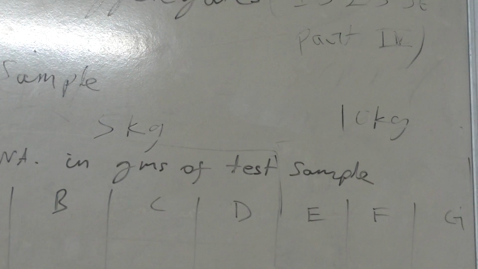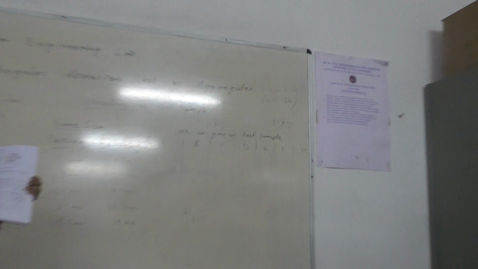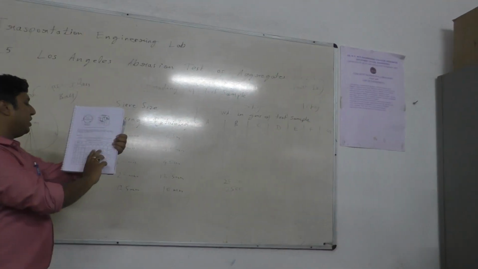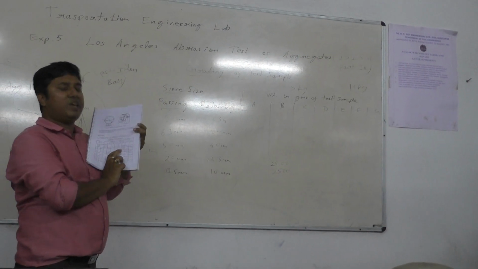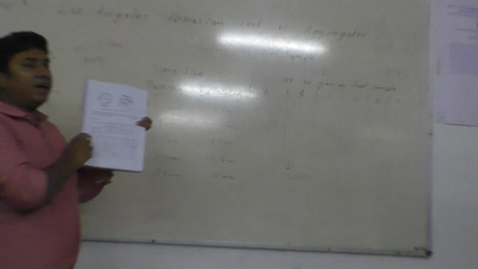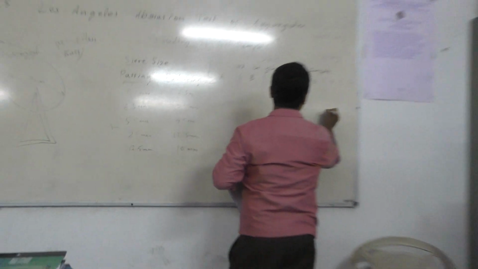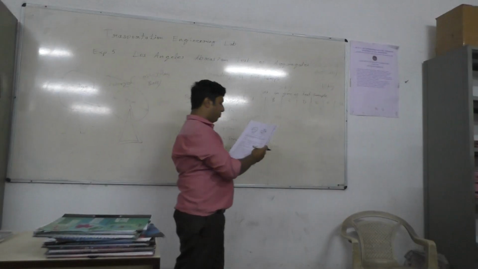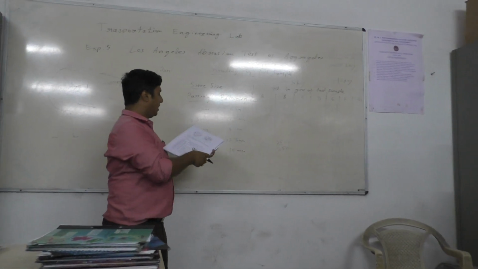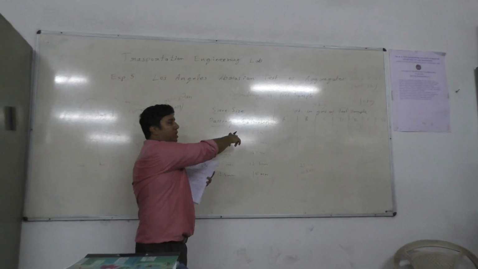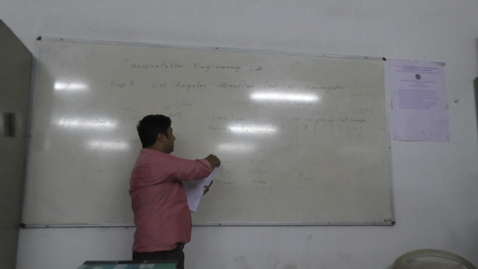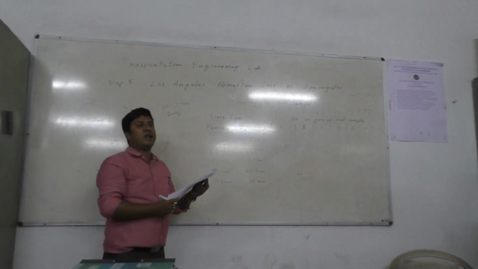If you see the chart, my grade will be E if my aggregate is passing 80 mm and retained on 63, so it will fall under grade E. In this range you have to carry 10 kg of sample: first, 80 to 63, 2.5 kg, then 63 to 50, 2.5 kg, and next the 50 to 40 mm for another 5 kg.